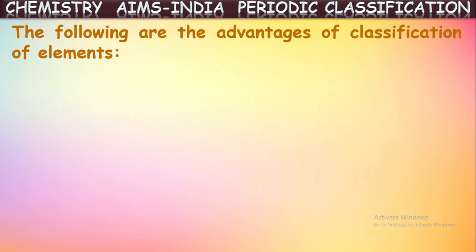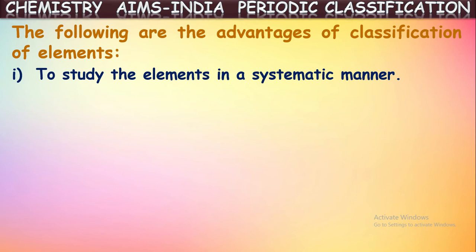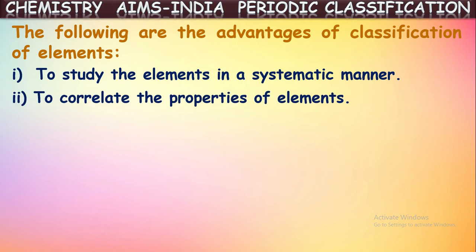The following are the advantages of classification of elements. By the classification, we can get these advantages. What are those? To study the elements in a systematic manner. So we can understand the properties of the elements in a systematic manner. And we can correlate the properties of the elements.